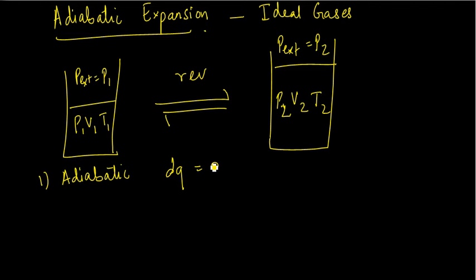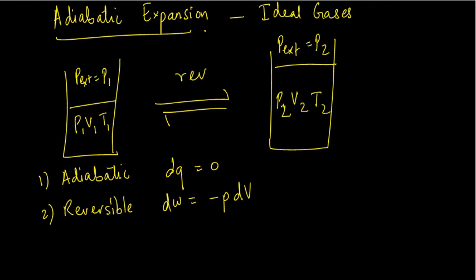Okay. What else? Reversible, somebody said. Great, reversible. dw is equal to minus p dv. Great. What else is the piece of information that we have?